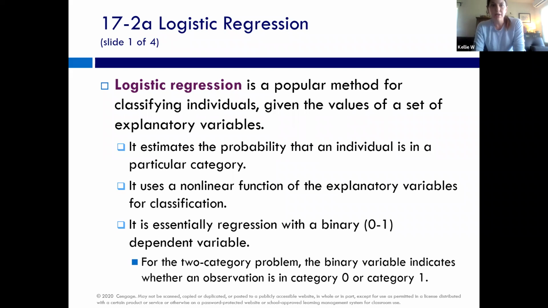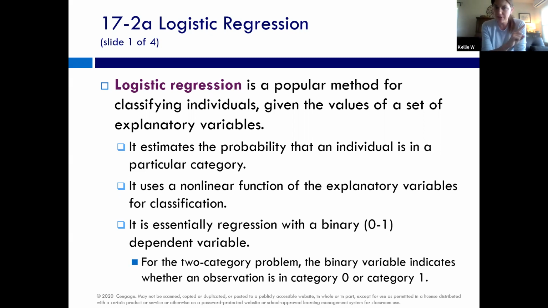So logistic regression is a popular way for classifying individuals if we have the values of a set of explanatory variables. So it's basically using probability to determine whether or not an individual is in a particular category, and it uses a nonlinear function to do this. So it's regression, but with a binary dependent variable.